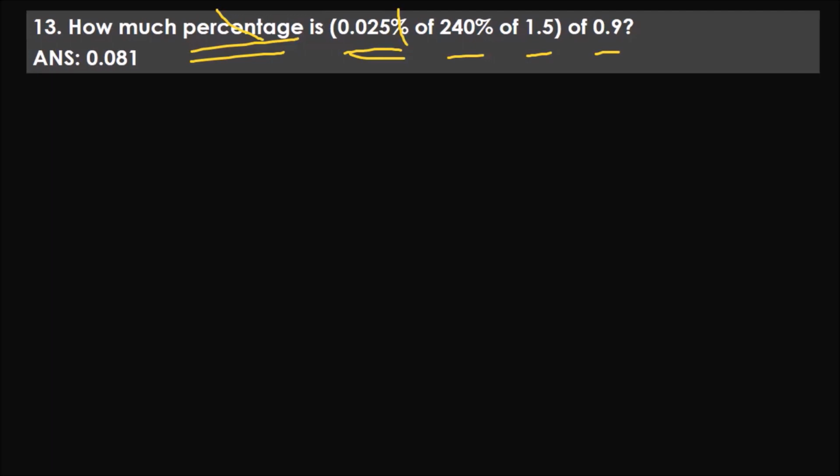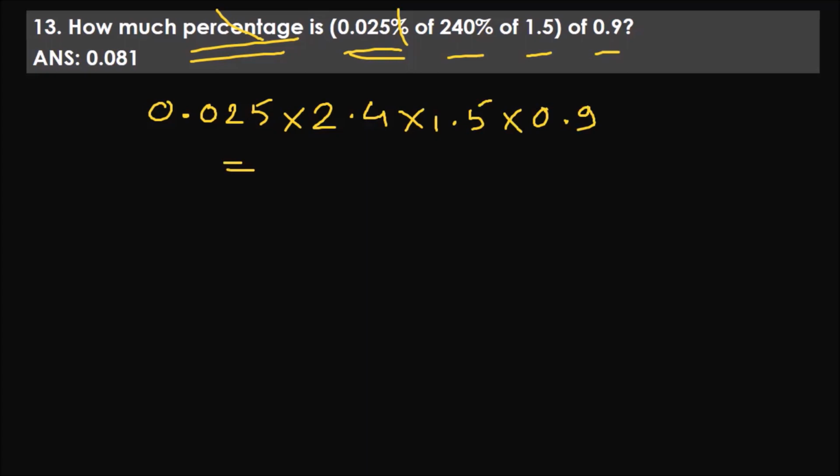So you simply have 0.025 into 240%. 240% is nothing but 2.4 into 1.5 into 0.9. This is all that you have to type in your calculator. Ultimately, you will get the answer as 0.081.